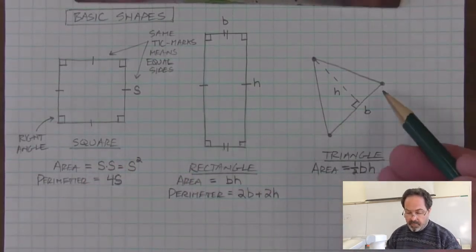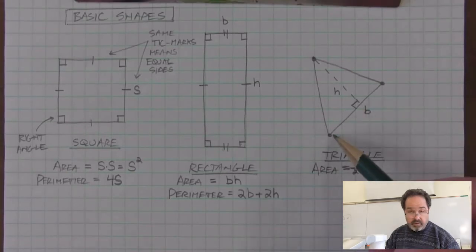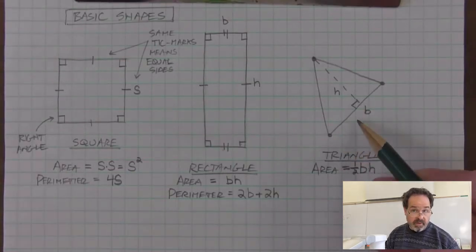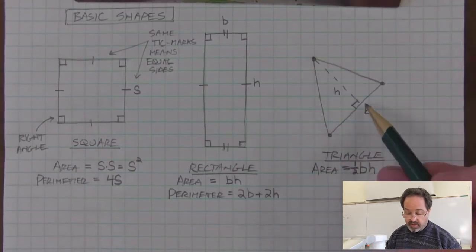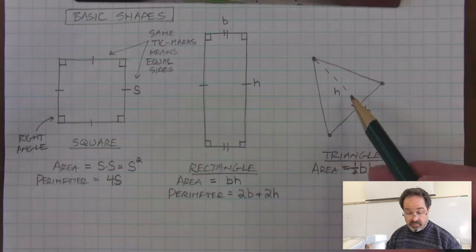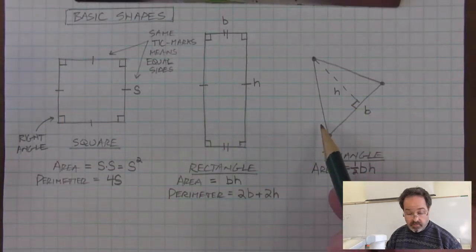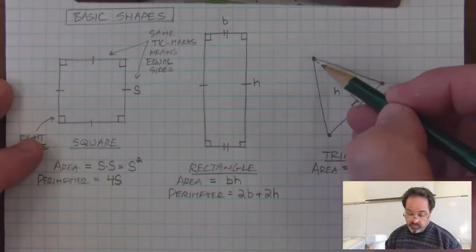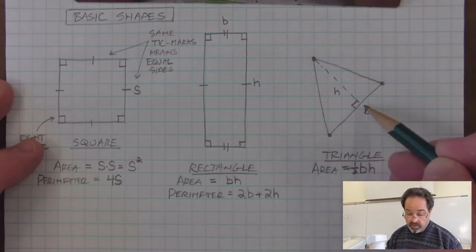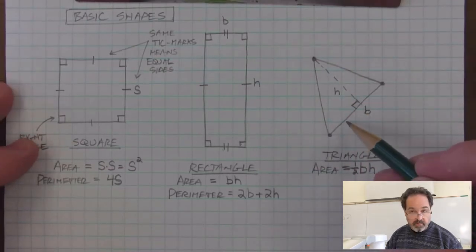And remember, it doesn't matter which side we label as the base, but in a triangle, the base and the height have to meet at a right angle, and the height is not necessarily a side of the triangle. In this case, the height was determined by this dotted line that meets the base at a right angle.